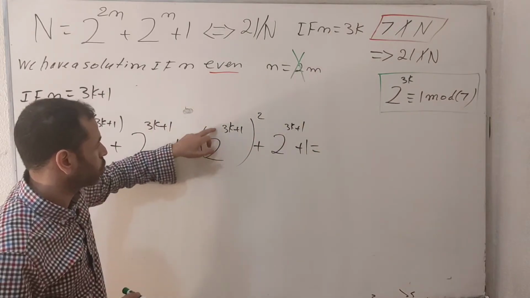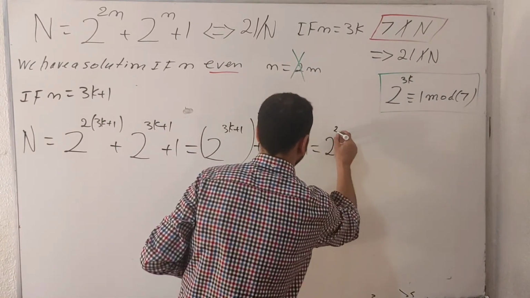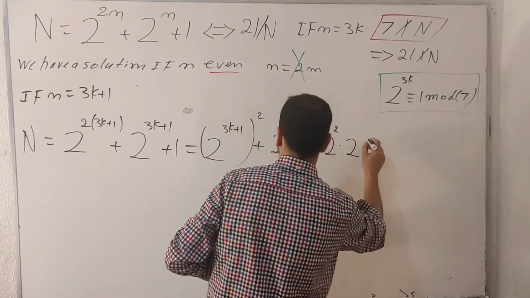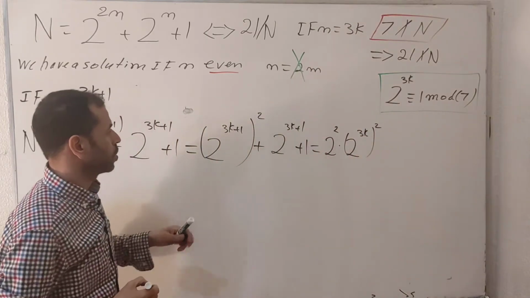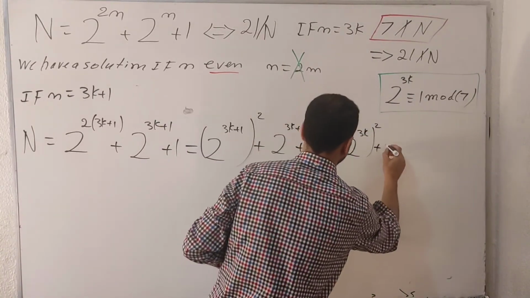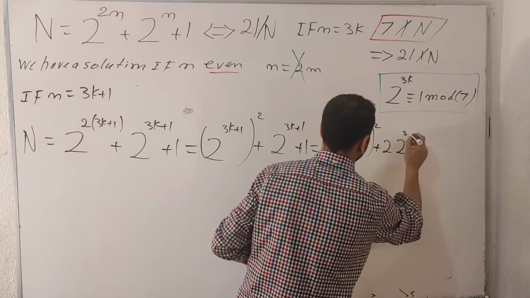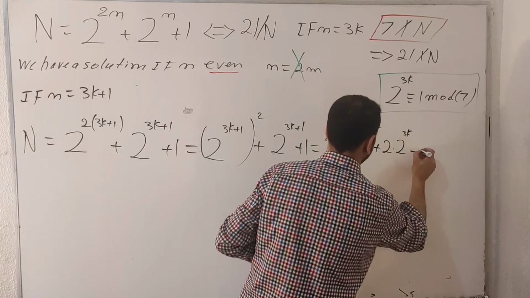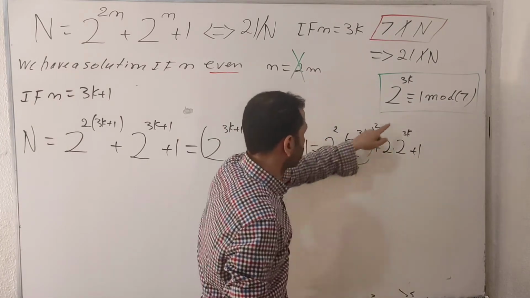I'm going to extract 2 squared out of this, and I will get 2 squared multiplied by (2 to the 3k) to the 2, plus 2 multiplied by 2 to the 3k, plus 1. This one is congruent to 1 mod 7.